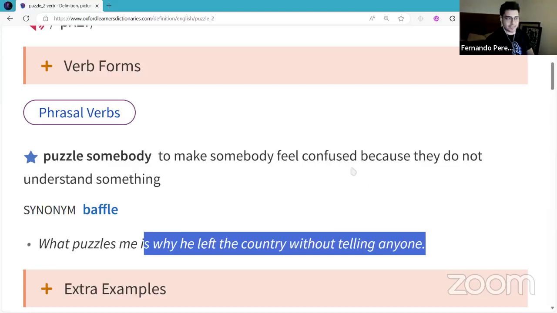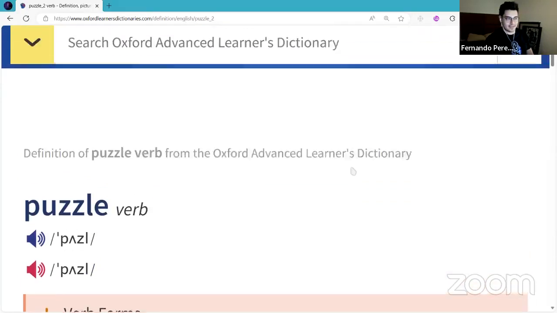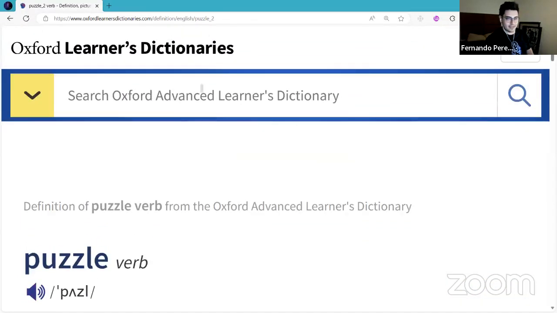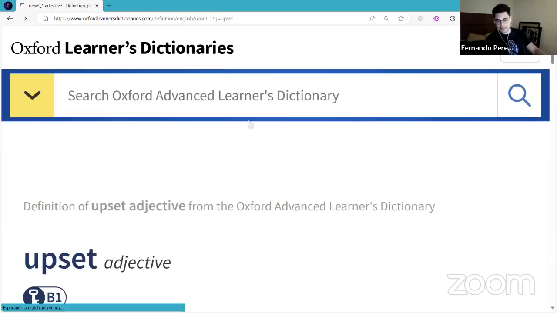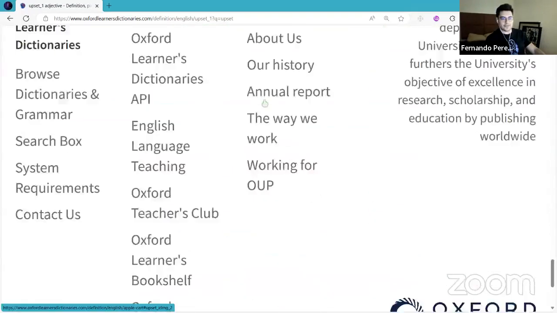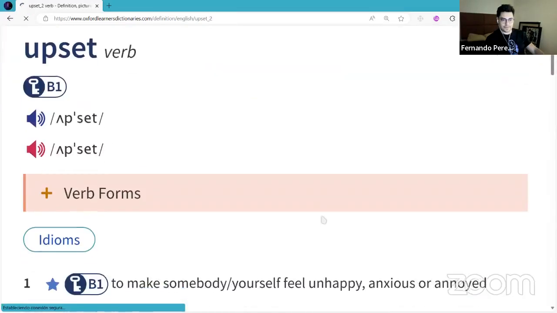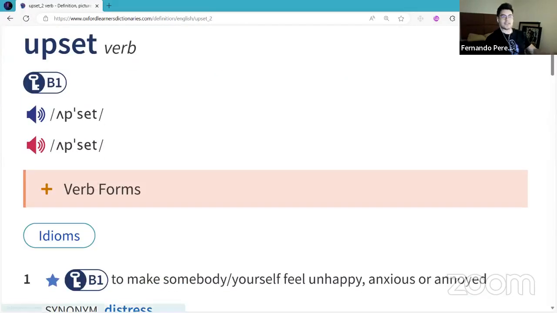The last ones that we're going to check are two more. Upset exists as an adjective. We need the verb. Action, Carla.